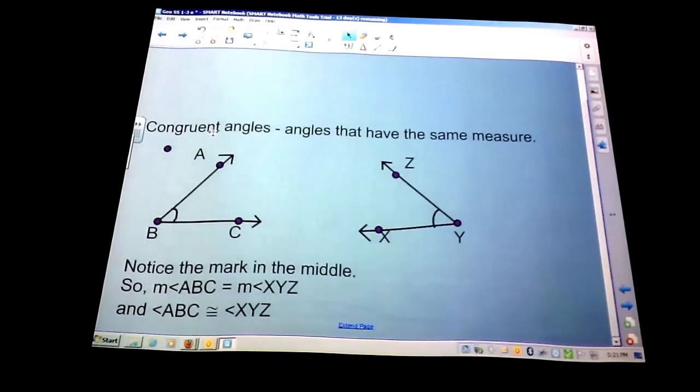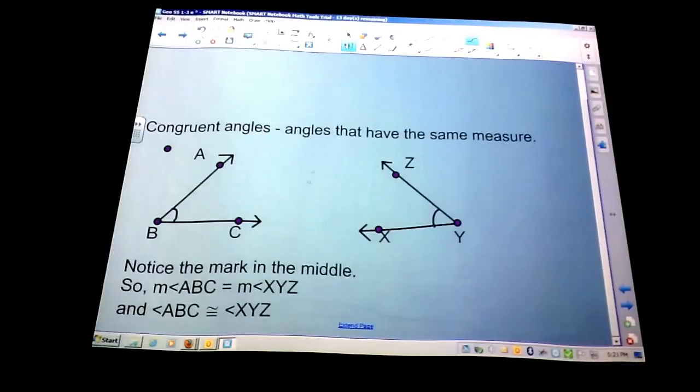Alright. Congruent angles. Well, we know what congruent segments are from section 1-2. They were segments that have the same length. Well, angles work the same way, except they're going to have the same measure. So two angles that have the same measure, like these two acute angles here, are going to be congruent angles.